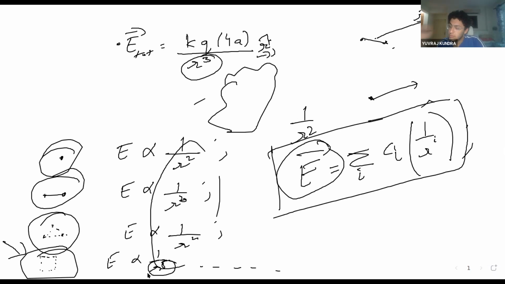The answers were r raised to power minus 2, minus 3, minus 4. But what if we took r raised to power 2, 3, 4, 5, the positive ones? What will we get? Lovely question. Turns out you can create fields which are linear, and you can create fields which are non-linear, also x square kind of field. But those systems are very, very complicated.